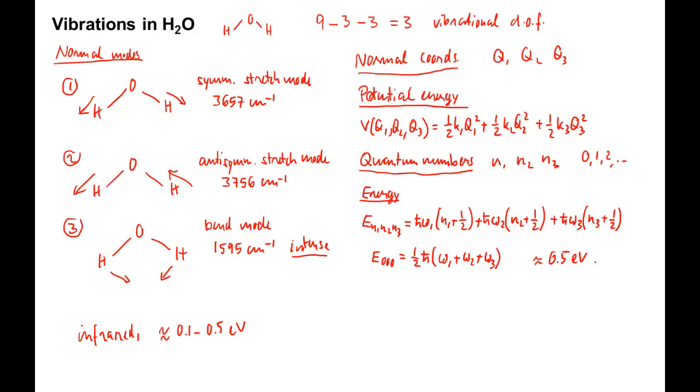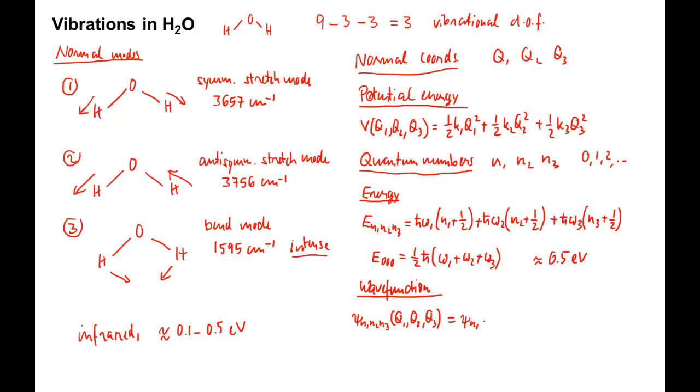The overall vibrational wave function describing the vibrational state is the following. Psi of n1, n2, n3, variables q1, q2, q3. This wave function can be written as a product of the wave functions from the three individual oscillators.